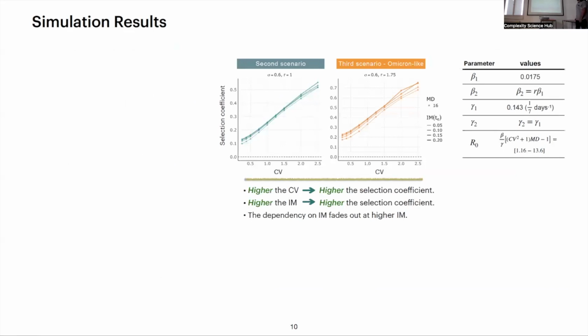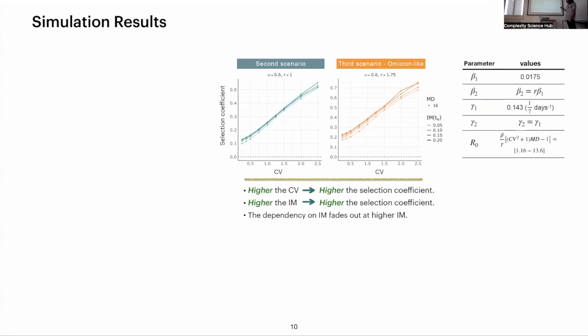Okay. Here I illustrated the result. On the y-axis is the selection coefficient, and on the x-axis is CV, the coefficient of variation.